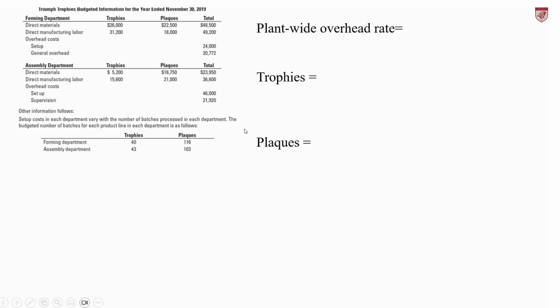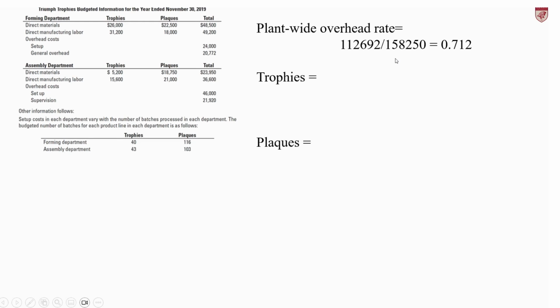So the total direct cost means to add up the direct material cost and direct labor cost across different departments, right? So the sum of these four right here. So the denominator is going to be 158,250. Okay.